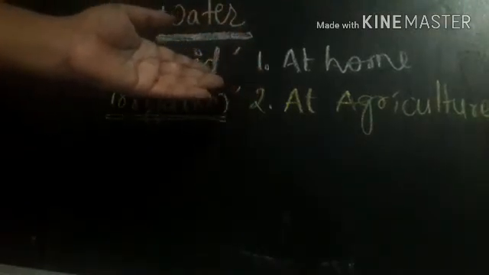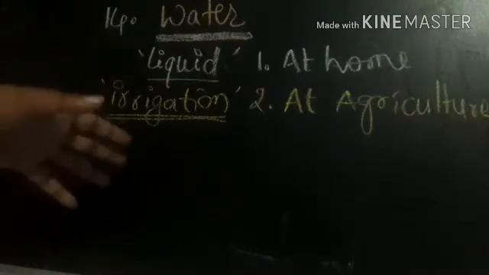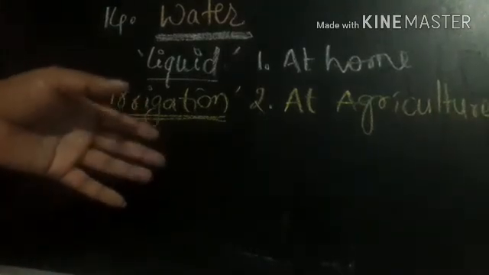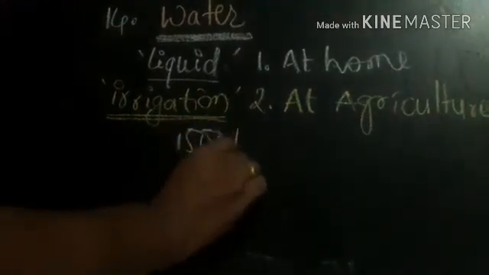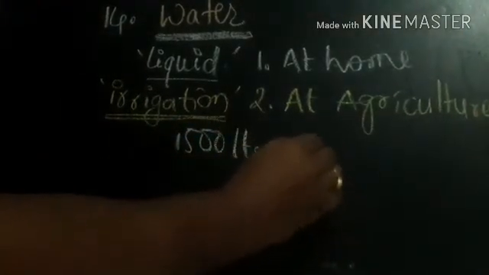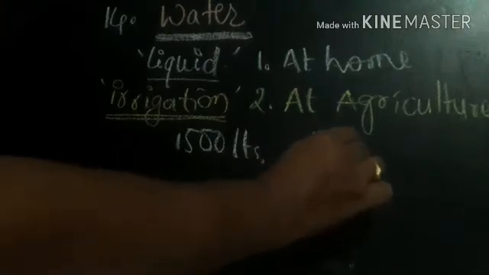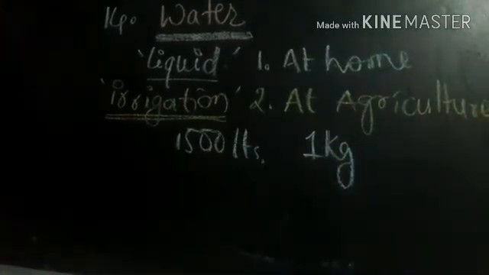For example, if you want to get 1 kg of rice from the rice plant, it requires 1500 liters.